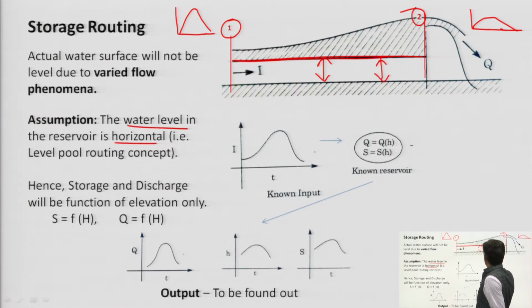But when the flood is entering at section 1, the level of water within the reach between section 1 and 2 will be like this. So here we will assume that the water level in the reservoir is horizontal, which is wrong, but we will assume it.